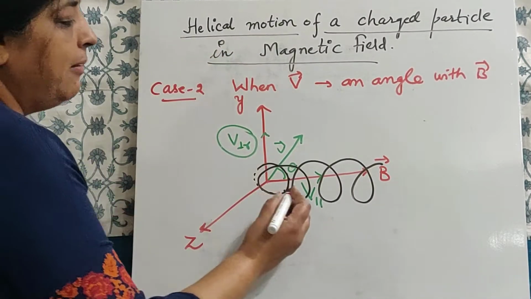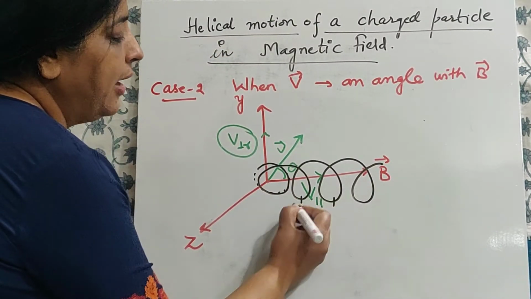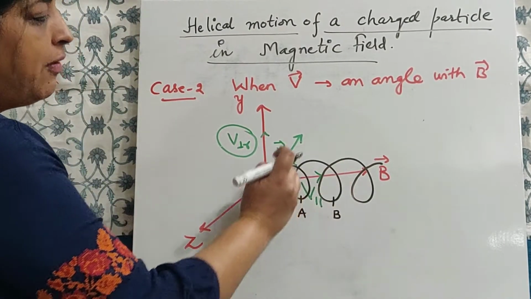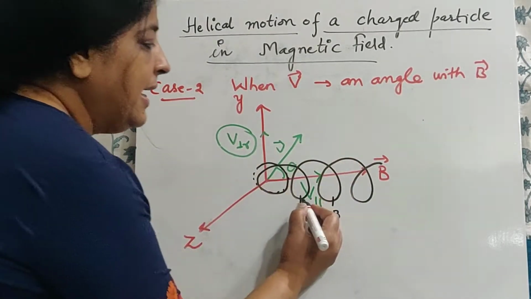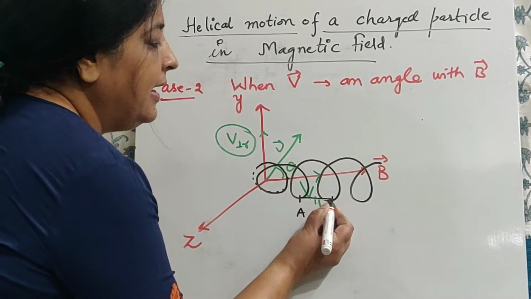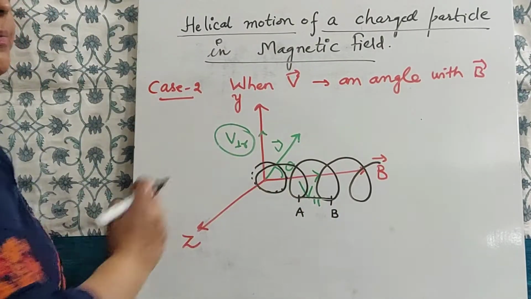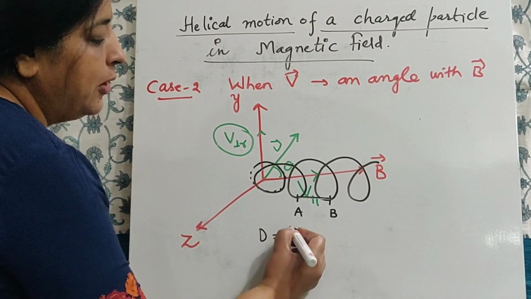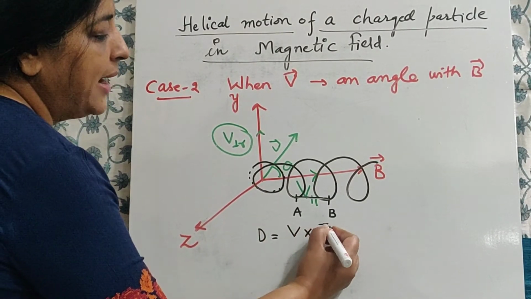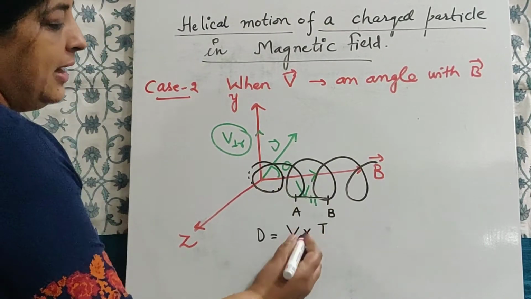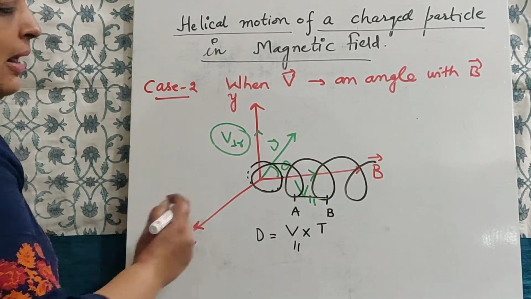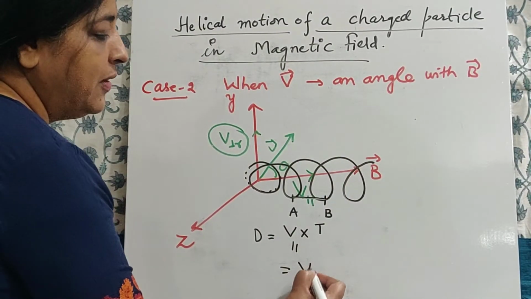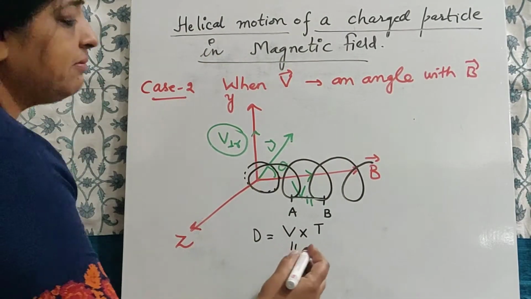Now in this helical motion we can find out how much is the distance A to B traversed in one circular path, which is the linear distance. So how much will this distance be? Distance is always equal to velocity multiplied by time. The velocity here is V parallel, and the time it will take to complete one circular path we have already derived in the previous case.